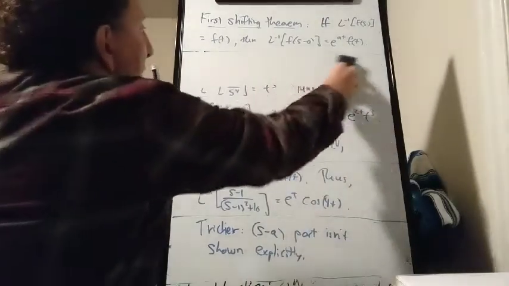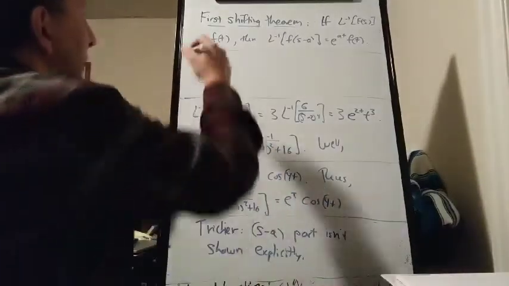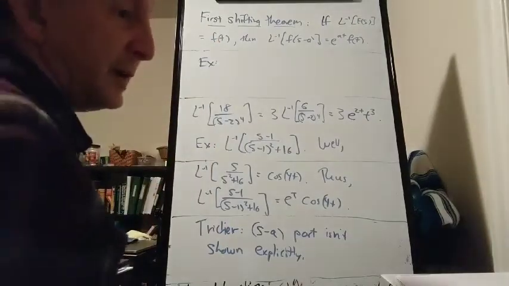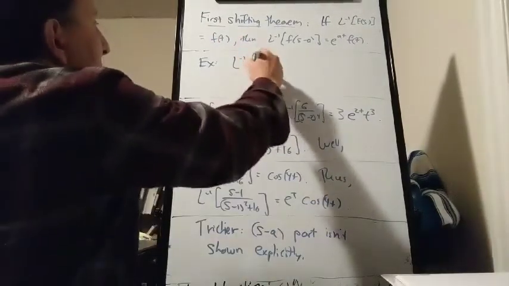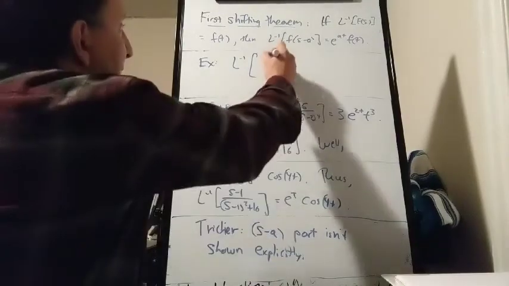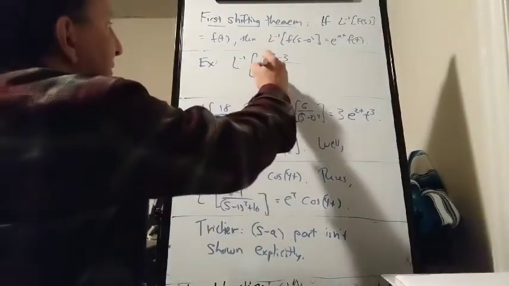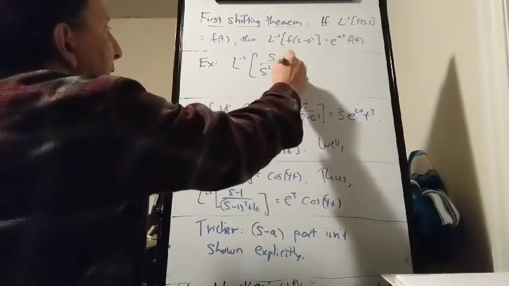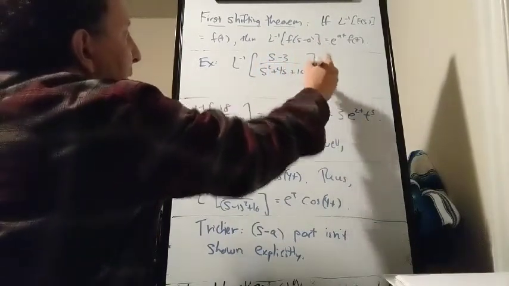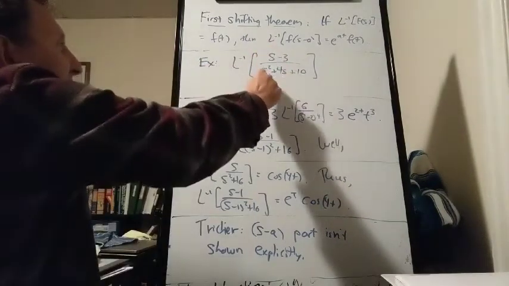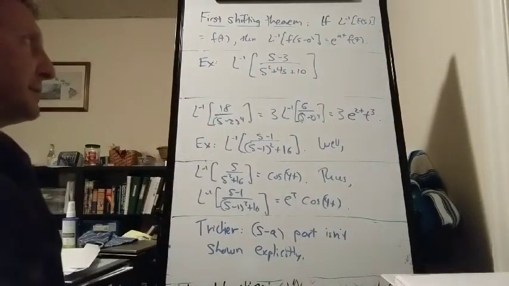So for example, what if we had the inverse Laplace transform of s minus 3 over s squared plus 4s plus 10? So we see an s minus 3 here, but we don't see s minus 3's there.